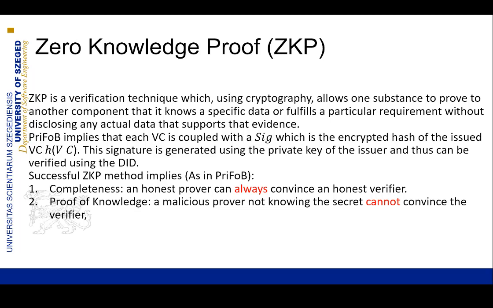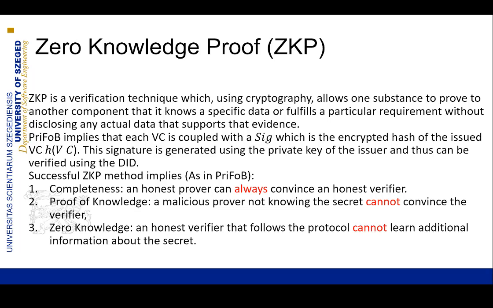So you need to know the private key. And finally, the zero-knowledge property, which means that an honest verifier that follows the protocol cannot learn any additional information about the secret. The secret in this case is the private key and also the hashed credential, because once you decrypt the signature, you don't get the credential itself, but the hash of the credential.